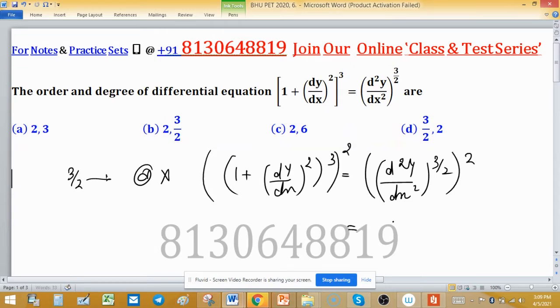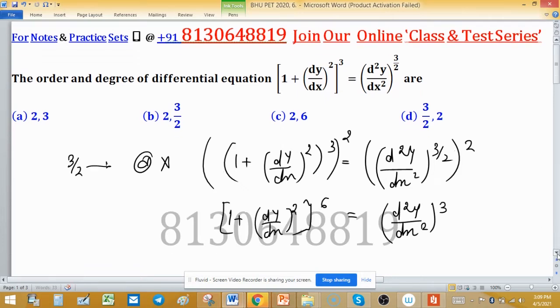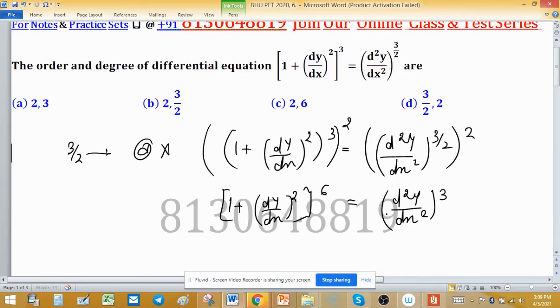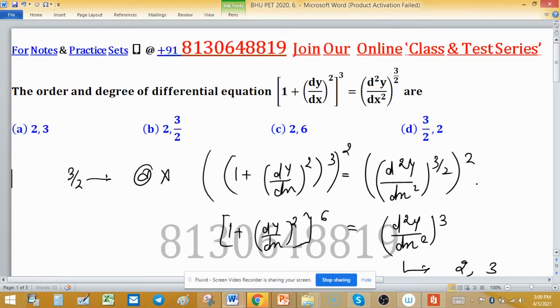So now the differential equation is (d2y/dx2)^3 equal to (1 + (dy/dx)^2)^6. Now the differential equation is free from radicals. Order is the maximum number of times we differentiate, so 2 times, and its power is 3. So degree is 3. So order 2 and degree 3, option A is true here.